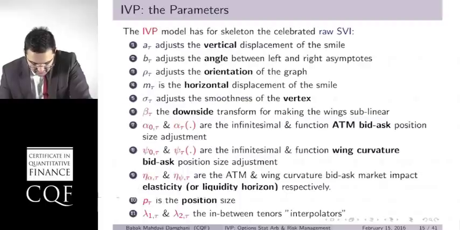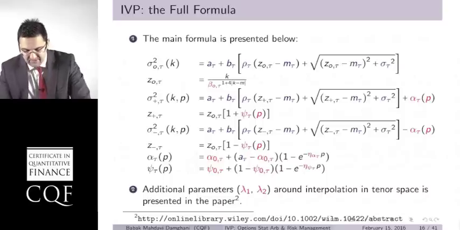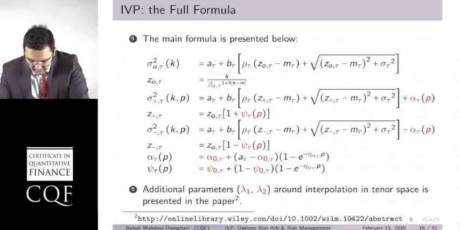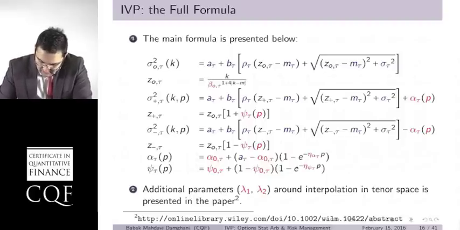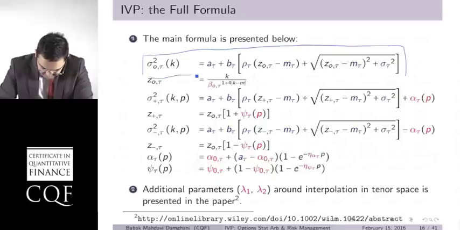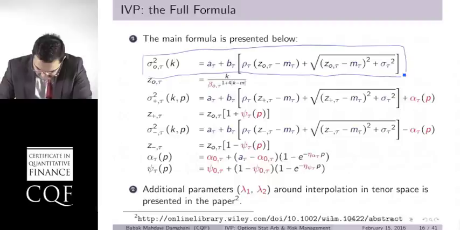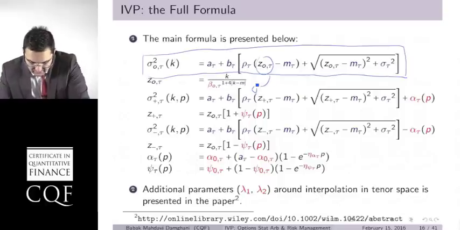Okay, so now let's talk about the original IVP parameters. We talked about the downside transform, and we're going to be discussing these parameters next. Let's take a look at the IVP formula itself. Again, if you have worked with the SVI, you're hopefully familiar with this guy here, with the difference that there's a change of variable here, which you might not be familiar with.